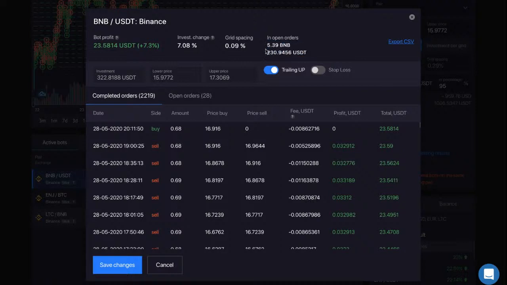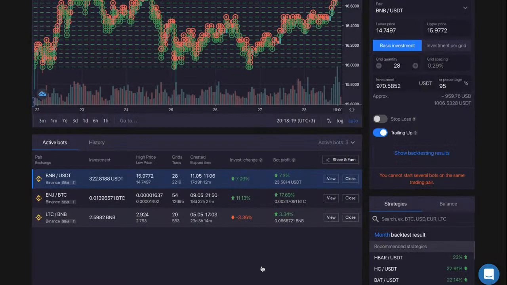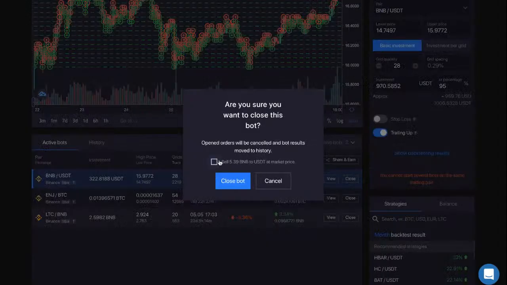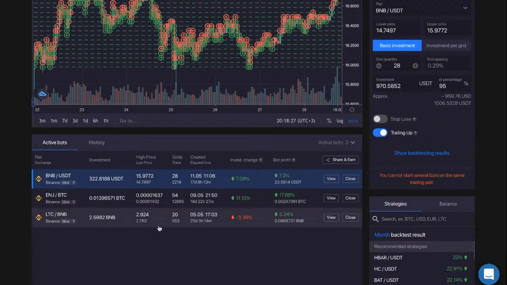I have right now 5 BNBs which are bought, and 230 USDT in buy orders. If I click on close and then click on the box, it will sell all of these BNBs to USDT, and I will be left only with the USDT in this case.